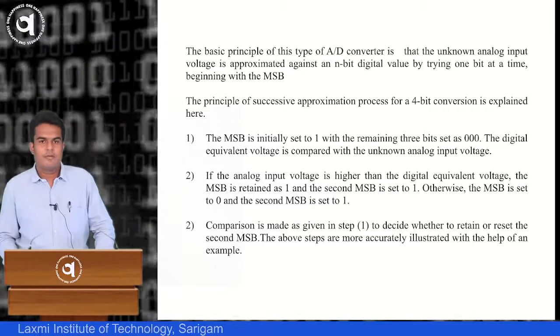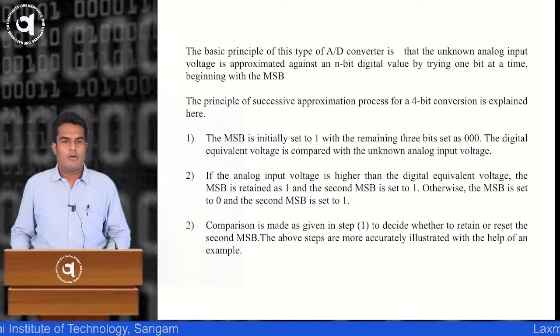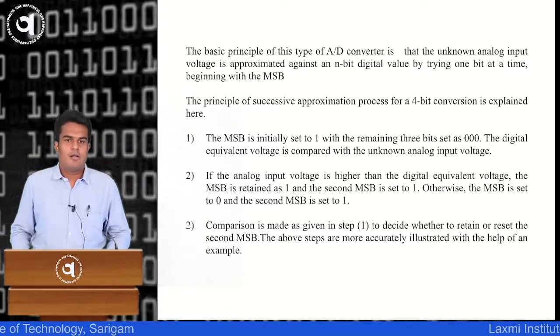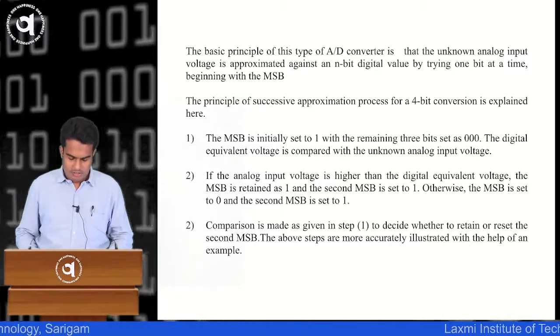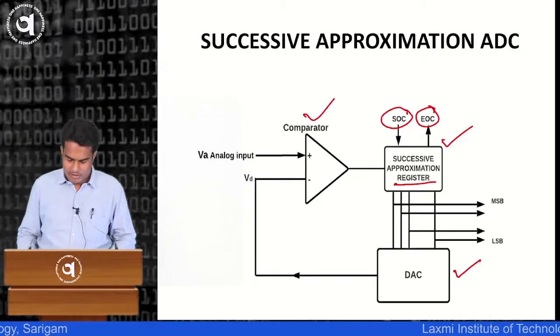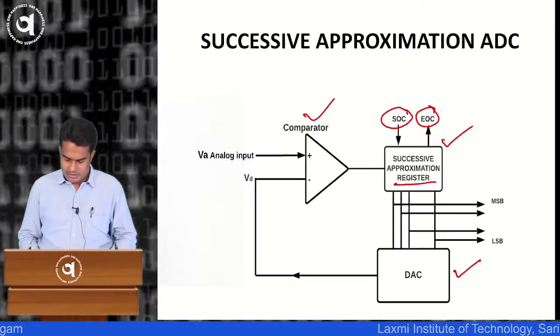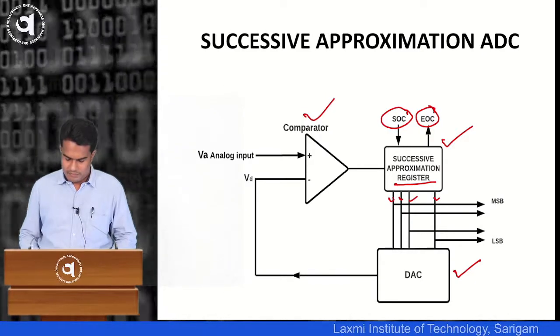The basic principle of this type of ADC is to convert an unknown analog input voltage to an approximated n-bit digital value. As we have seen in our block diagram, here it's a 4-bit register: first bit, second bit, third bit, and this is the fourth bit.